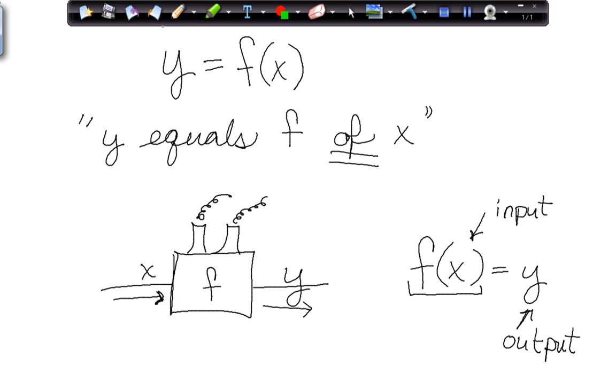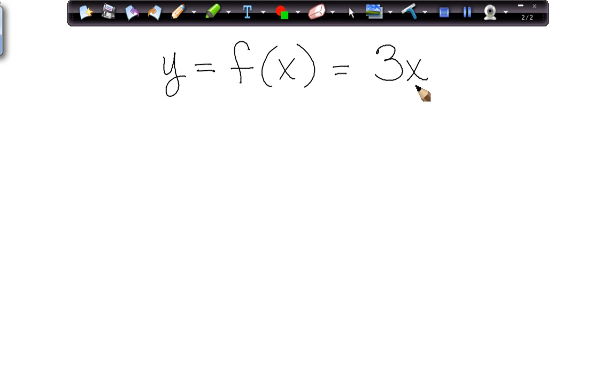So let's take a look at maybe an example of that. So if you have, for example, y equals f of x, this is the output, this is the function's name, this is the input, and then maybe we have a function rule, and the function rule is the part that tells us what our factory is making.